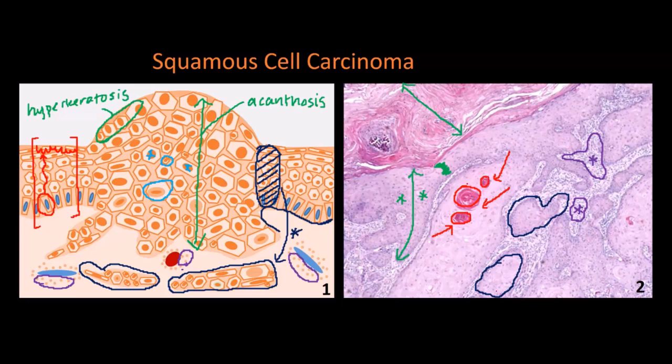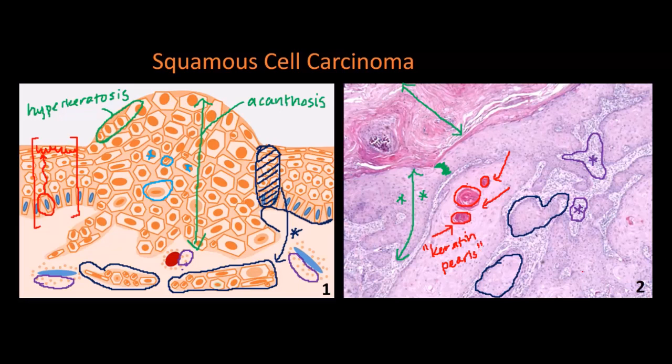And histologically, they're often referred to as something called keratin pearls. And they can be a useful diagnostic marker when diagnosing squamous cell carcinoma histologically.